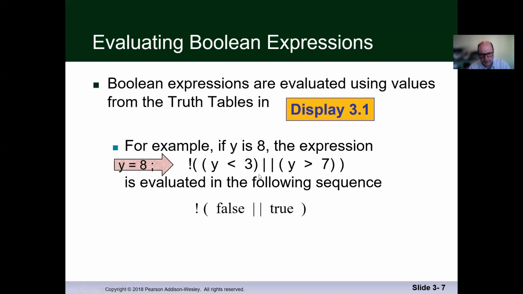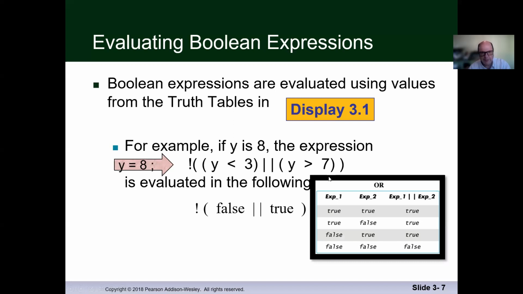So this is what I have. This is going to be false, this is going to be true. Then I'm going to look at this expression. Remember the table that we talked about? For or, as long as I have one true, the whole thing becomes true.